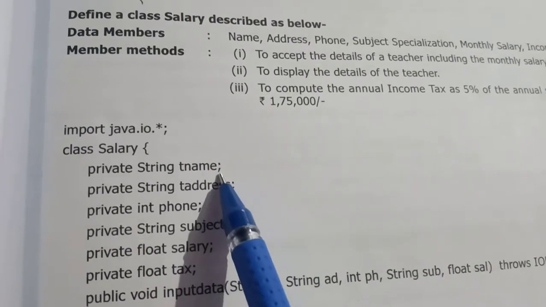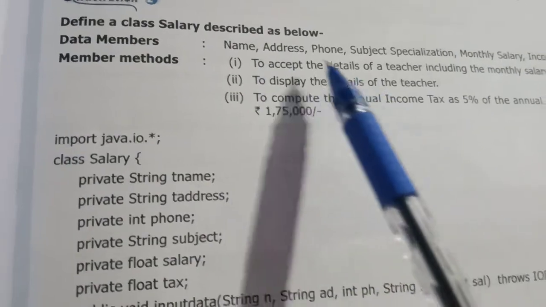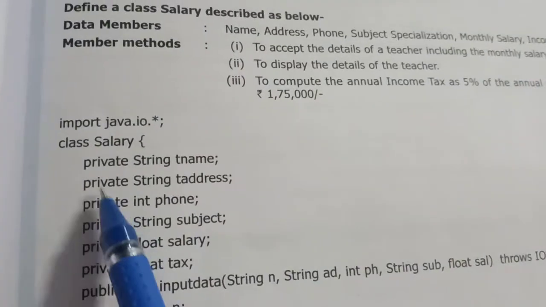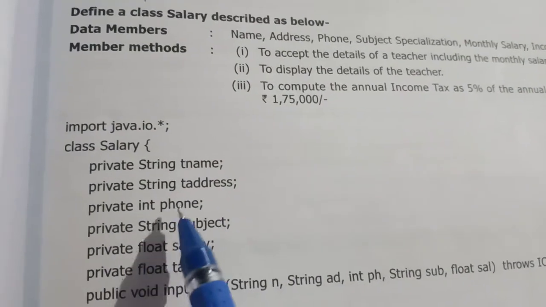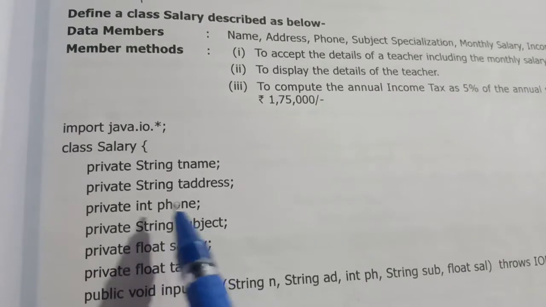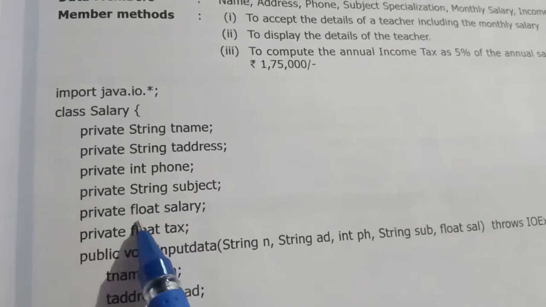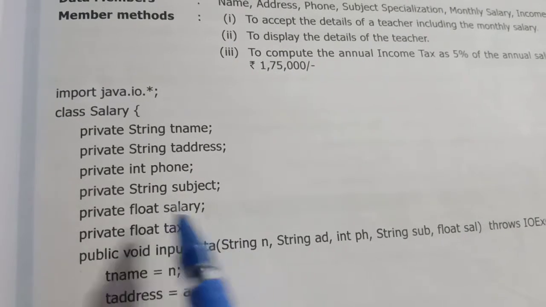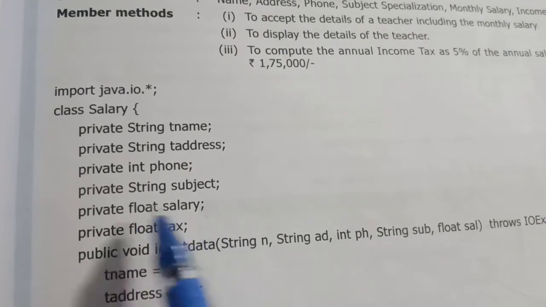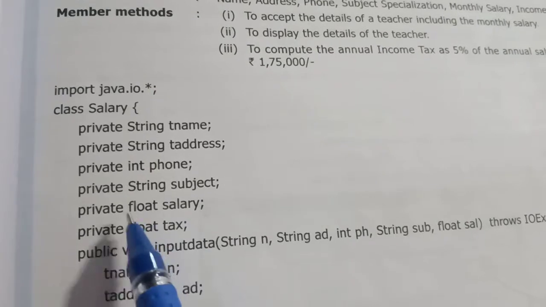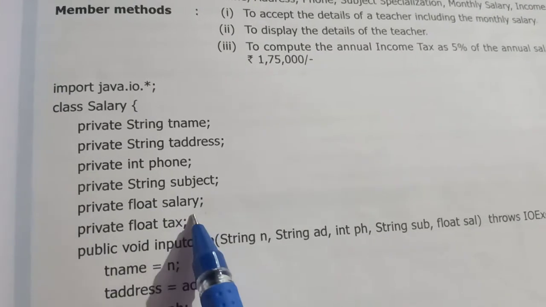So tname means name, and then private String taddress, then phone number which is integer, you know phone number is numeric, then String subject, then float salary, you know that salary could be in decimal. I told you that float means anything decimal.